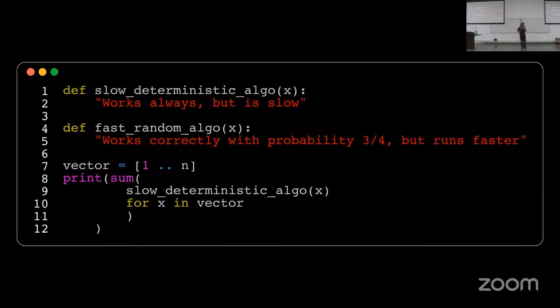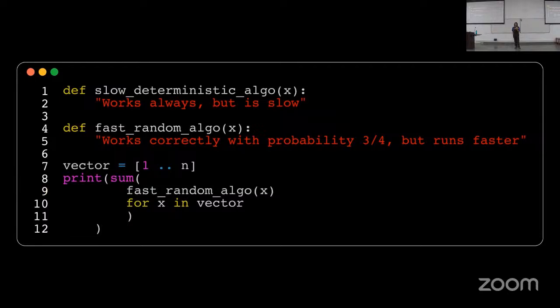Okay, and suppose you want to compute the sum of this function over the values from 1 to n. Obviously you can do it using the slow deterministic algorithm, but maybe you want to do something faster, so you replace the slow algorithm with the fast algorithm. Obviously that wouldn't work, right?